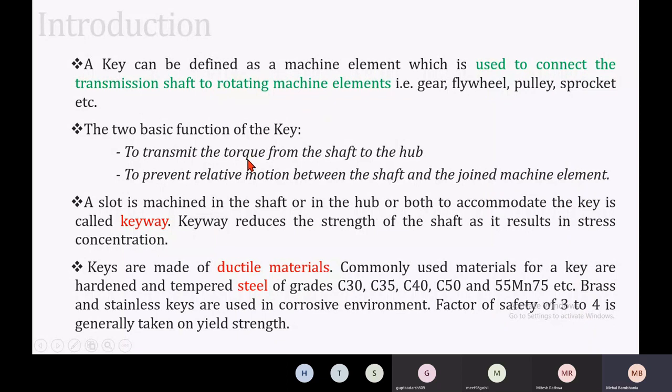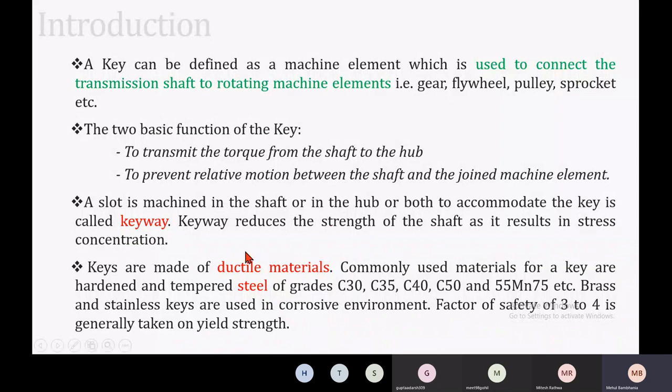It will transmit torque produced by means of the shaft to the hub. So this is the intermediate element which will transmit torque from shaft to hub. During the transmission of torque, it will prevent the relative motion between shaft and hub. So this is the prime function of a small element called a key.